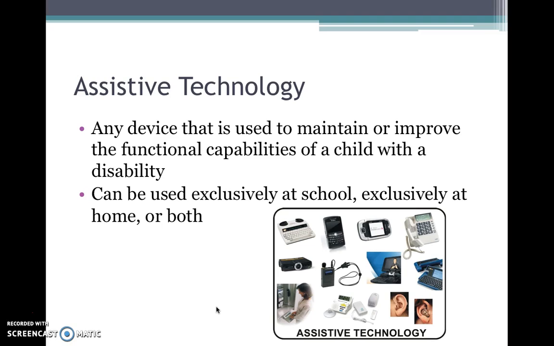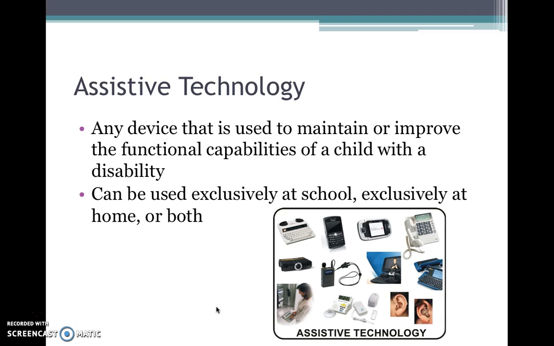child with a disability. Now these disabilities can range from hearing impairments, vision impairments, physical impairments. They can be things such as ADD or ADHD, dyslexia. So there's a wide range of disabilities that these technologies can be used to help within the classroom.